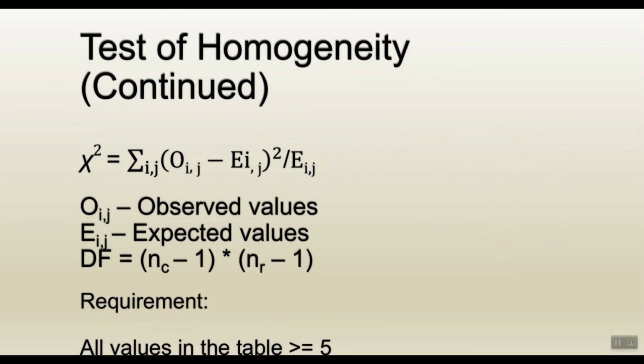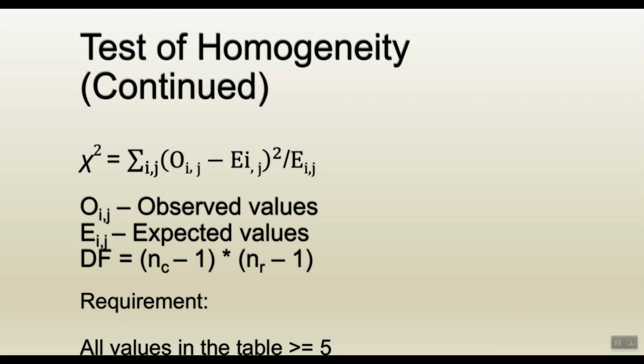We're going to use a similar formula to calculate chi-square. Within this formula, Oij is the observed value at row i and column j, while Eij is the expected value at row i and column j, and df equals the number of columns minus 1 times the number of rows minus 1.